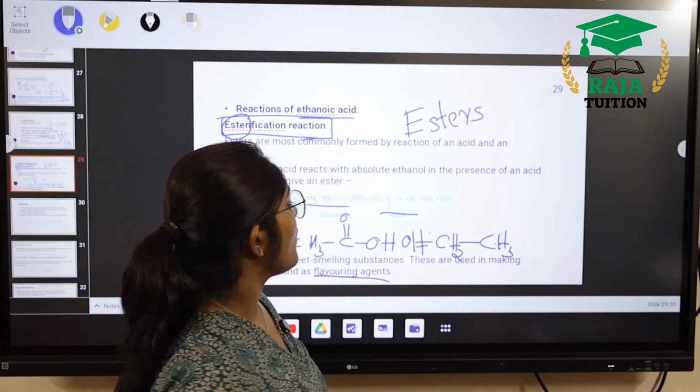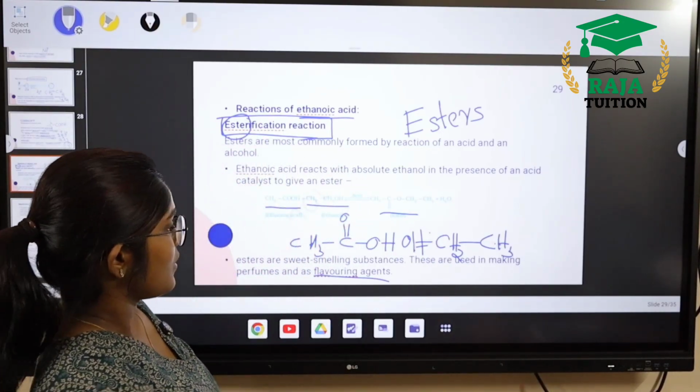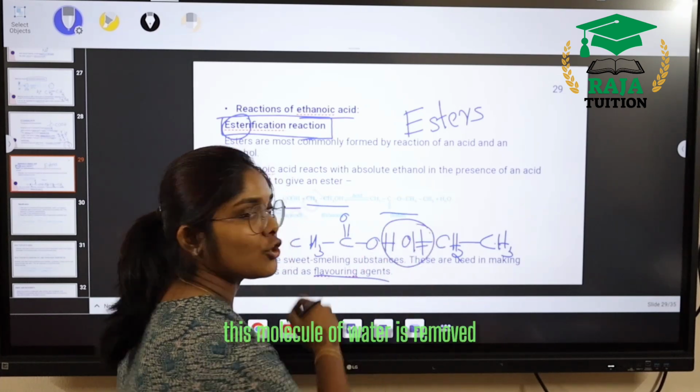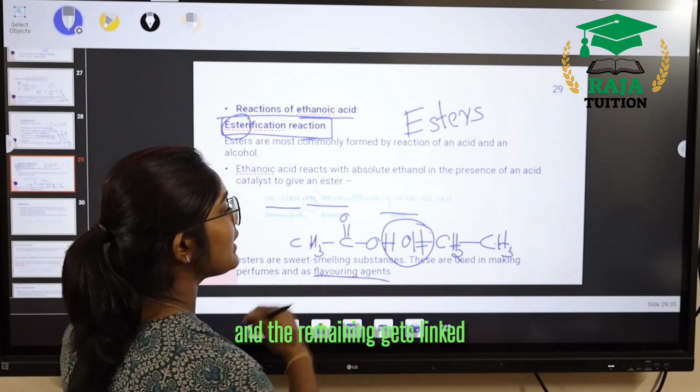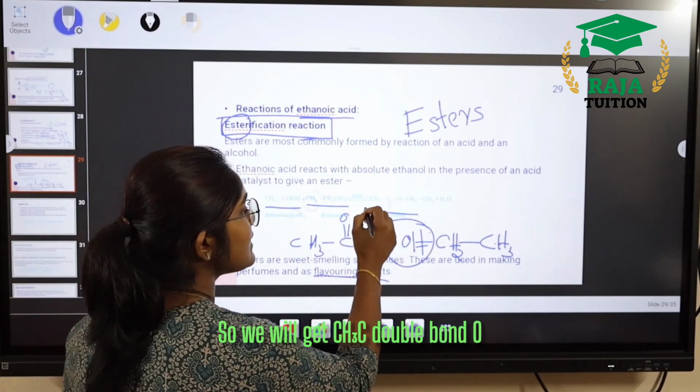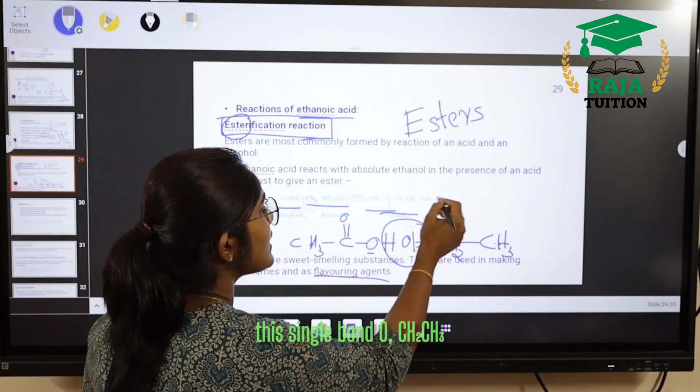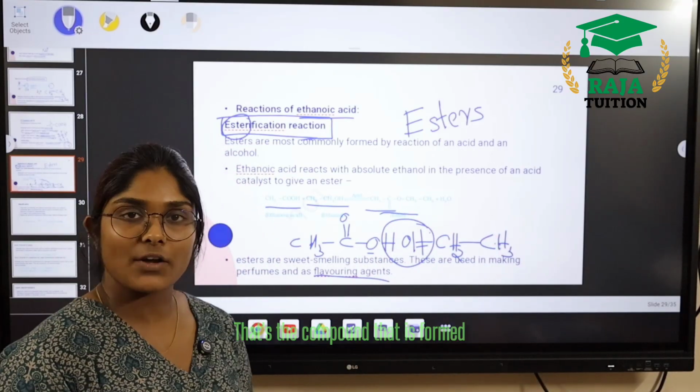A molecule of water is removed and the remaining parts get linked. So we get CH3C double bond O, single bond O, CH2CH3. That's the compound that is formed.